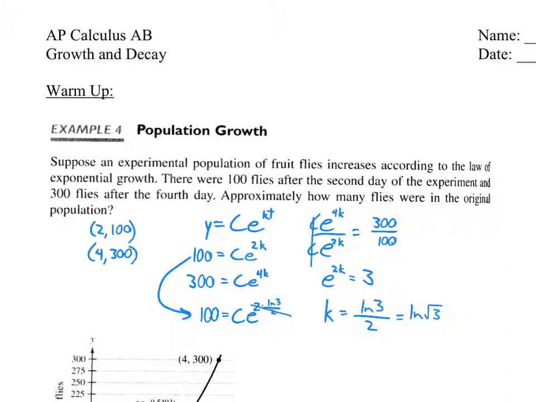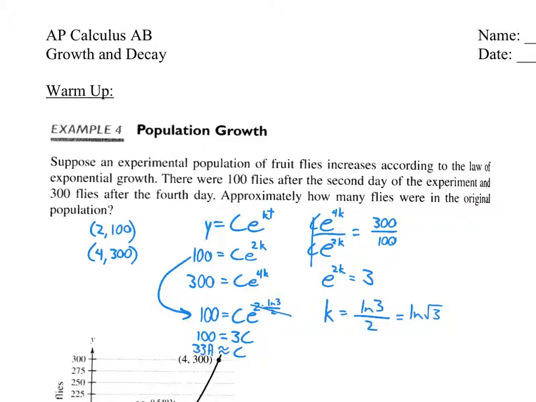So the 2's will cancel. e^(ln 3) equals 3. So we have 3C equals 100. So C is going to be 33 1/3, right? How do you go about that? Would you just say 33? I would approximate 33 flies.